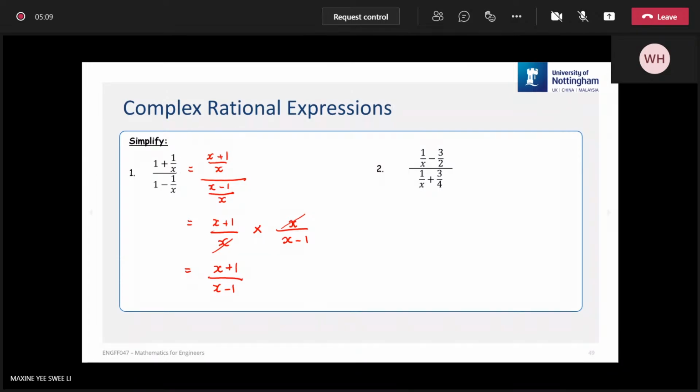You need to refer back to your original expression here. We cannot have 1 dividing 0. So here we need to write, x cannot be equal to 0 because we are referring back to the original complex rational expression. Are there any other values which need to be excluded?